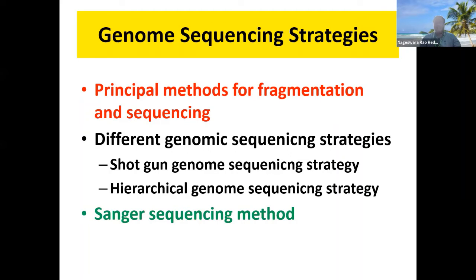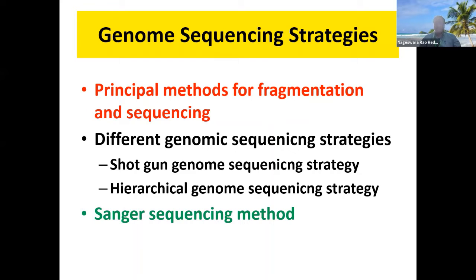So the next step is cloning them in suitable vectors, and the third step is to sequence the clones from the vectors using Sanger's method. Okay, so this is the difference between the shotgun genome sequencing strategy and the hierarchical genome sequencing strategy.